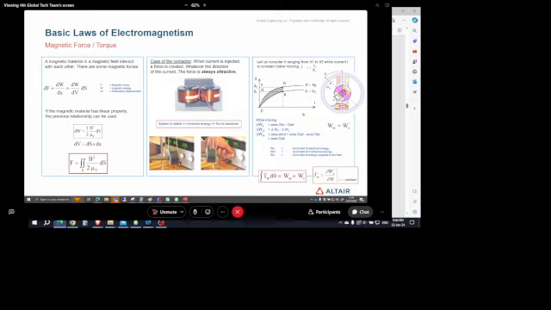What I want to keep in mind is that magnetic force is always attractive, and we want to use that behavior in order to maximize the torque in a rotating machine.